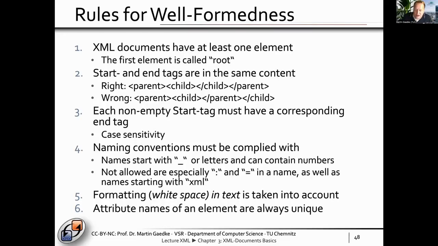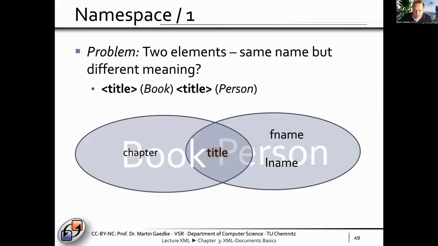Attribute names in elements are always unique. That is maybe also an important thing to keep in mind. So that is more or less the most important aspects of XML 1.0, of that kind of specification.